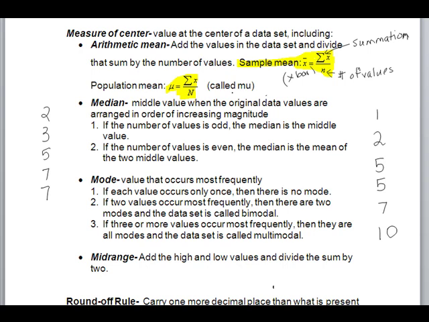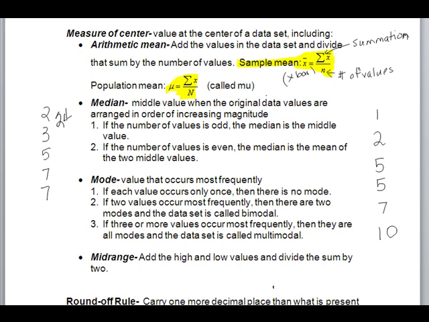Now I have 2 sets of numbers in the border here, so we can look at these. So let's look at the ones in the left-hand border. To find the mean, we would take 2 plus 3 plus 5 plus 7 plus 7, and that equals 24.